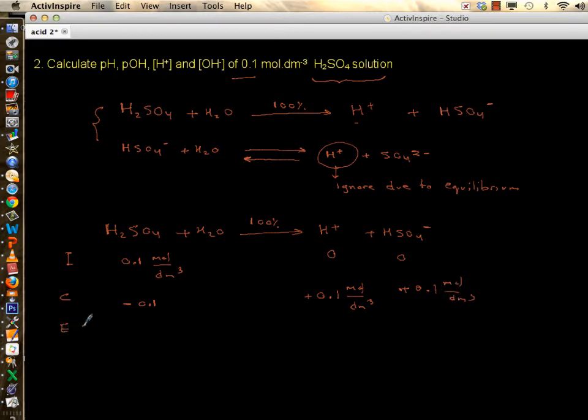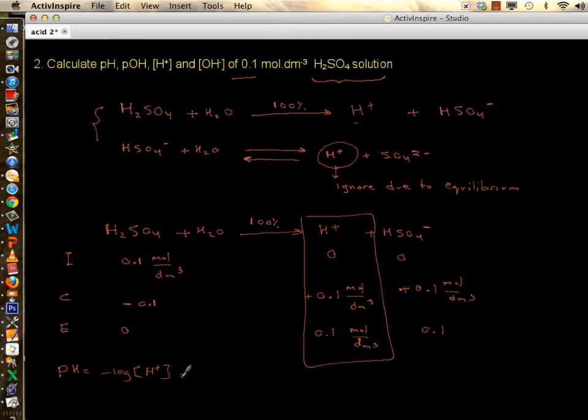And at the end, there is none of sulfuric acid, you have 0.1 and you have 0.1 mole per decimeter cube. pH is only related to hydrogens. So if you take negative log of H plus in bracket for concentration, it is negative log of 0.1, and your pH is 1.